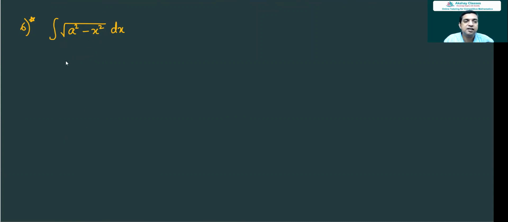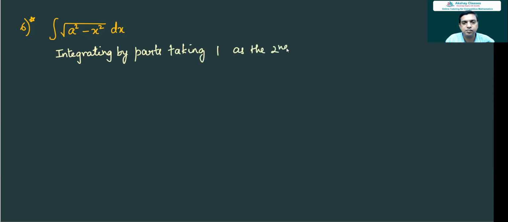So take integrating by parts, taking 1 as the second function. So I is integral of under root of a square minus x square dx.